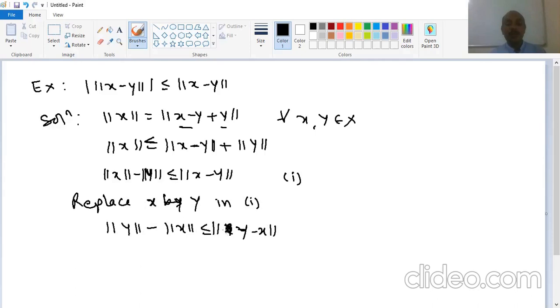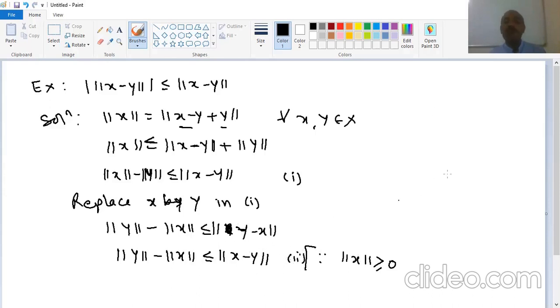But as we know, norm of y minus x and norm of x minus y are the same. That means we can write norm of y minus norm of x is less than or equal to norm of x minus y, because norm x is greater than or equal to 0. As it is greater than or equal to 0, there is no change. We call it inequality 2.